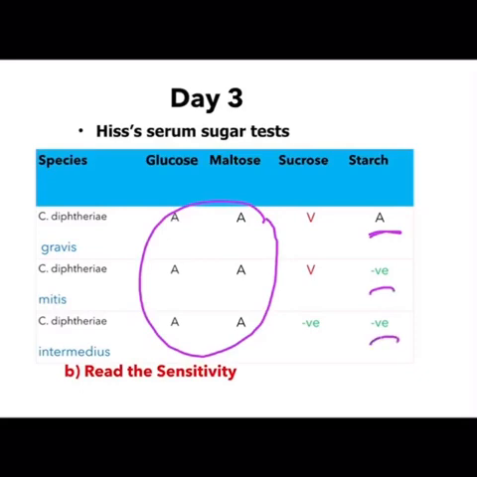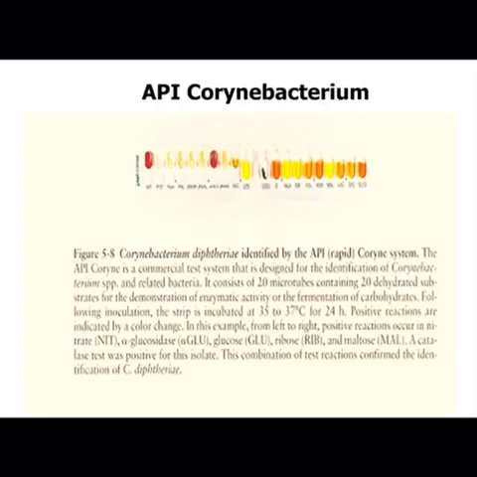The acid fermentation is also negative in case of sucrose for intermedius, and this is variable in case of sucrose for gravis and mitis. Read the sensitivity, and alternatively you can also apply API Corynebacterium.